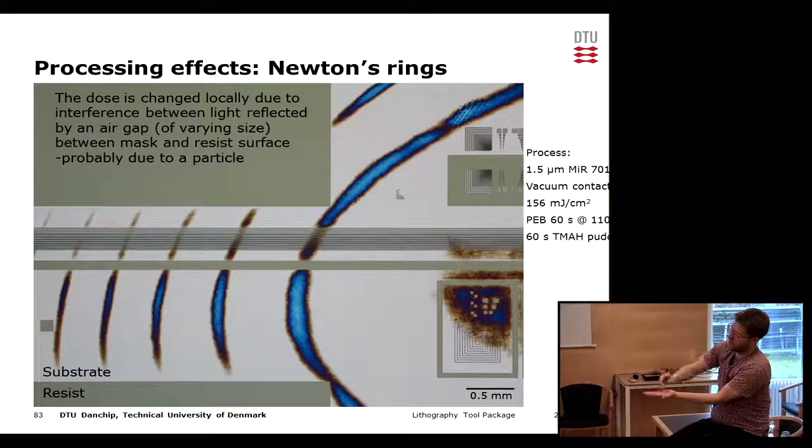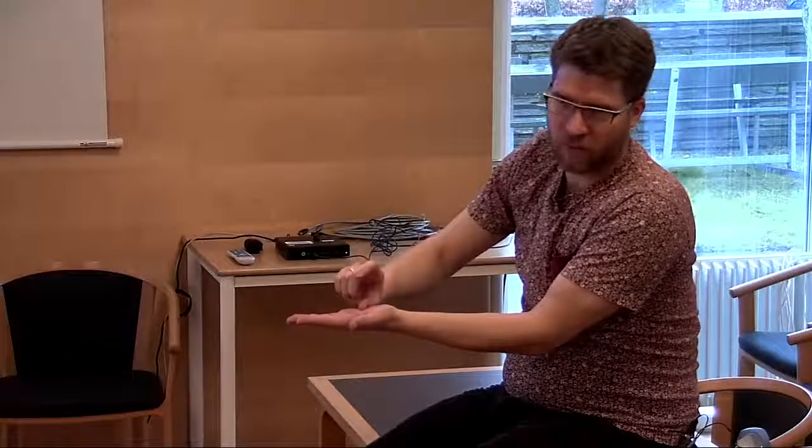And then depending on what size the air gap is in relation to the wavelength of the light, you can get an anti-reflection effect, because you get the light reflected from the transition from the mask material to the air, and you get it reflected again in the transition from air to the resist.